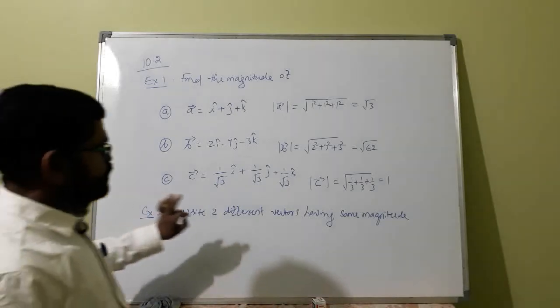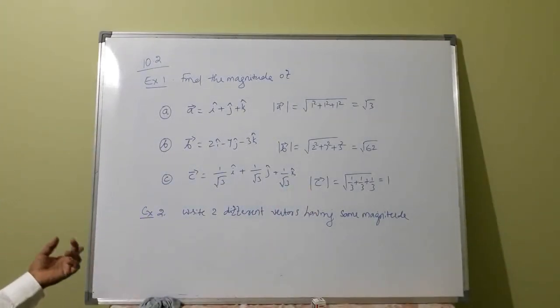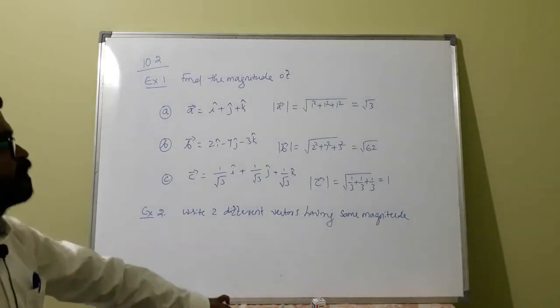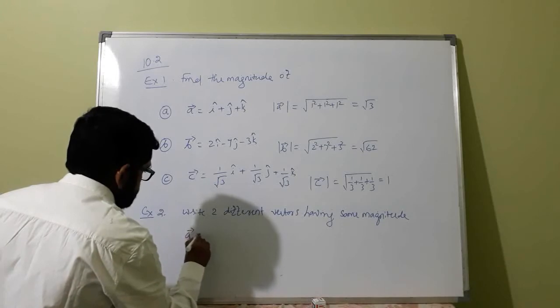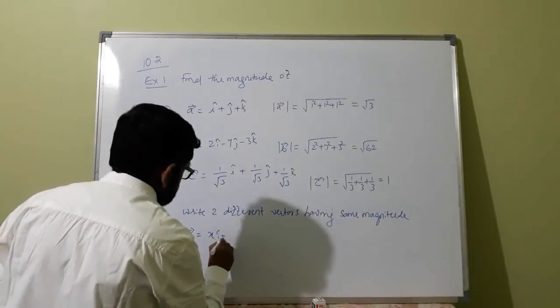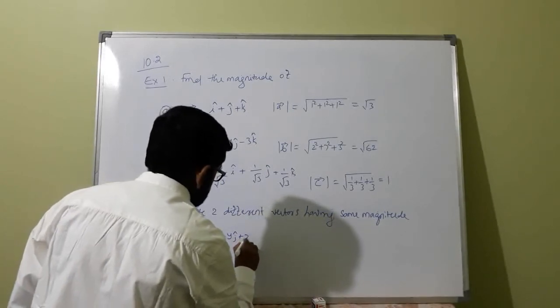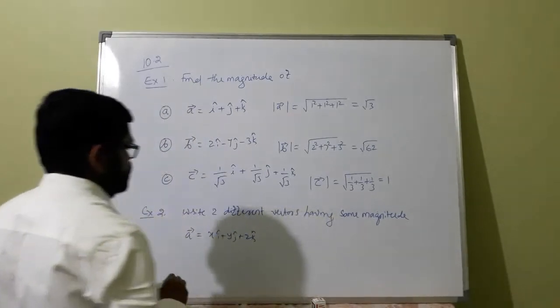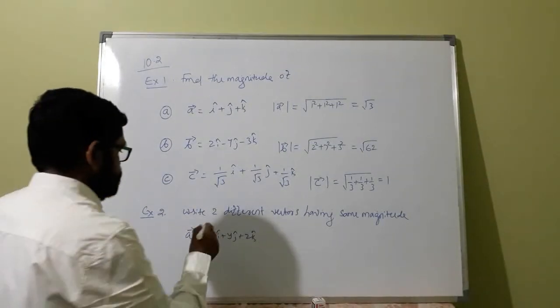Write two different vectors having the same magnitude. You have to give an example. Second example is, suppose A is equal to xi plus yj plus zk. You can take any numerical values also.